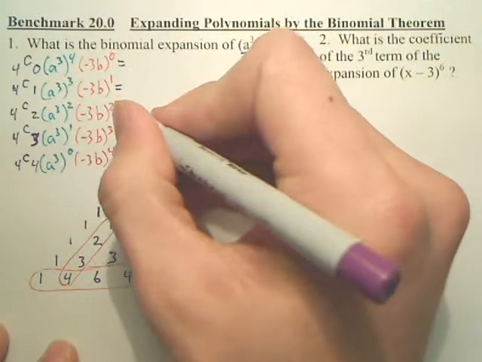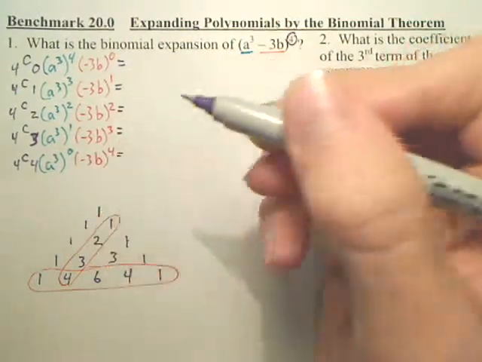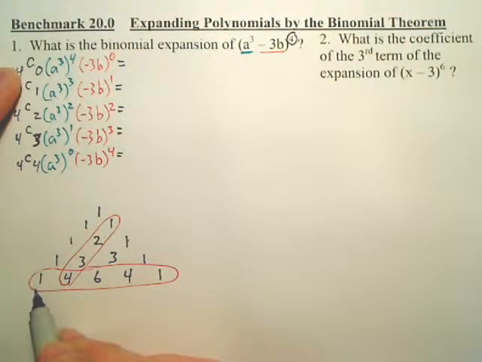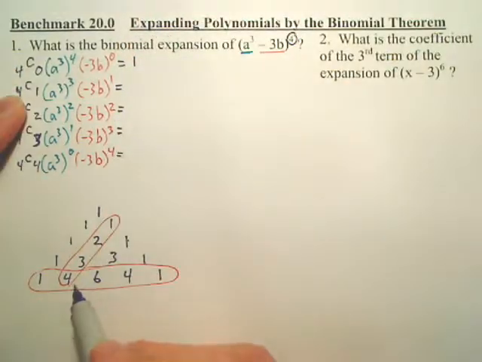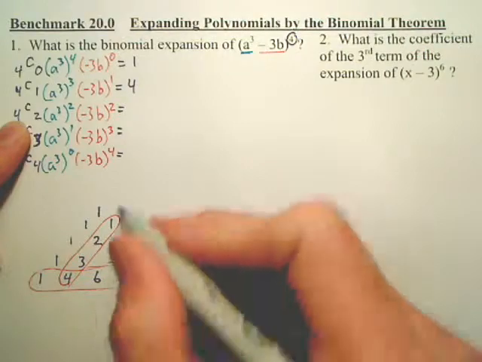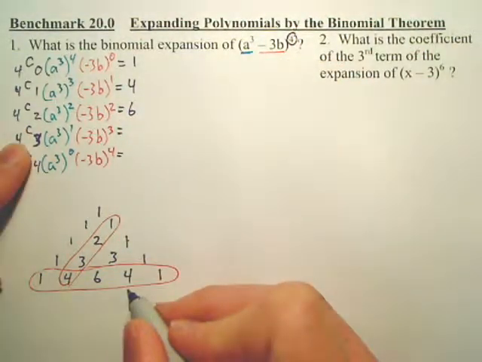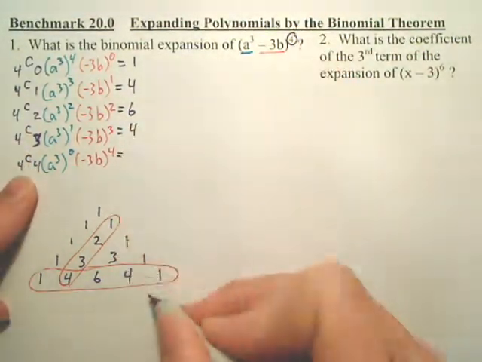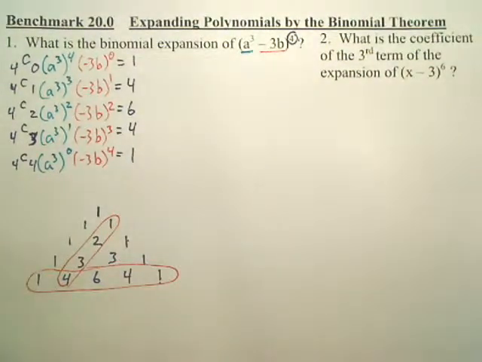So, from that, what is 4C0? Well, it's 1. What is 4C1? Well, it's 4. 4C2 is 6. 4C3 is 4. And 4C4 is 1. So we found our combinations.